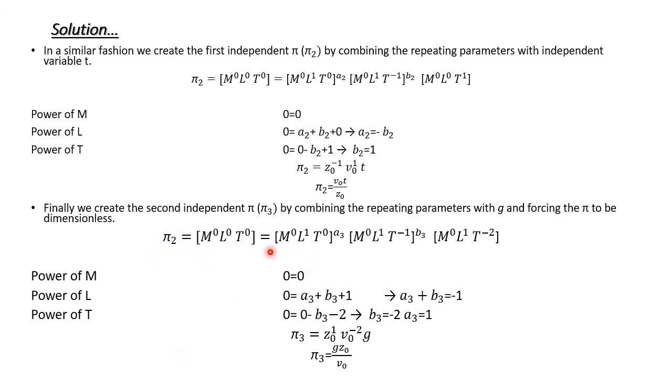Similarly we get the pi 3 term as g z naught by v naught squared in a similar fashion. Compare the powers of LHS and RHS dimensions, find the unknowns a3 and b3, and substitute in the pi 3 equation, and you will get the expression for pi 3 as g z naught by v naught squared.